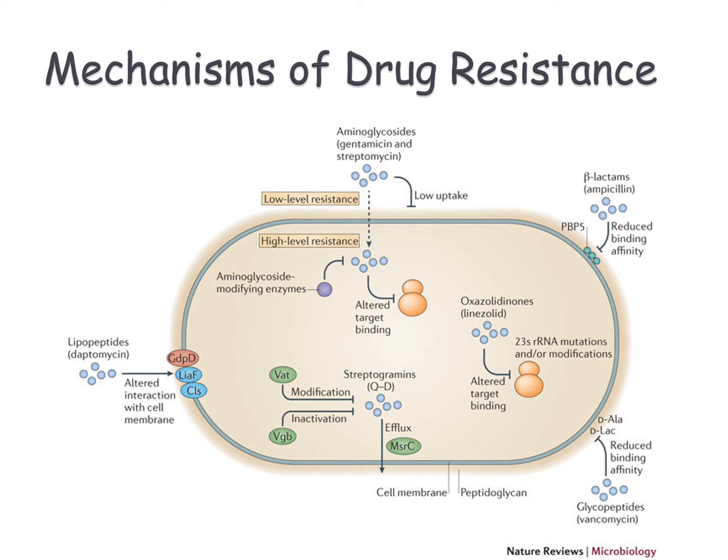We also see over on the right-hand side reduced binding affinity, and we'll talk about the beta-lactams, ampicillin being the most common example of that, in a second. And down at the bottom, an example of vancomycin, which inhibits the same pathway as ampicillin, with reduced binding affinity.